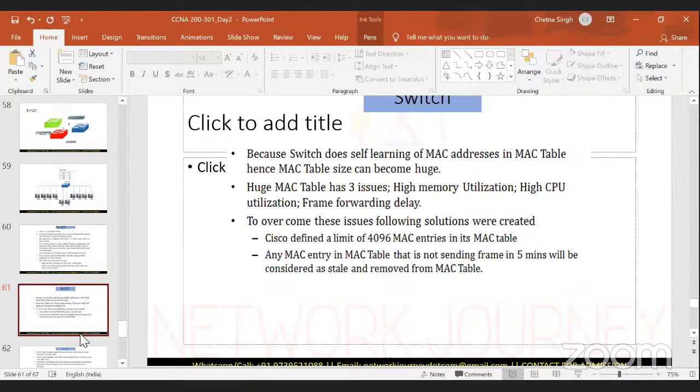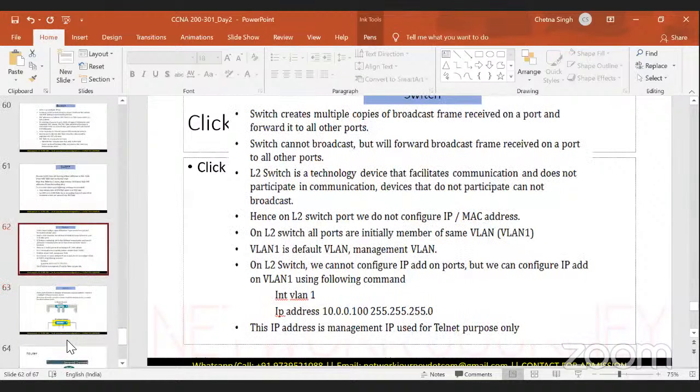Now the last thing, which is very important and generally asked during interviews: what happens when a frame comes over a switch? It will create multiple copies of a broadcast frame received on a port and forward it to all other ports. When does a switch broadcast?